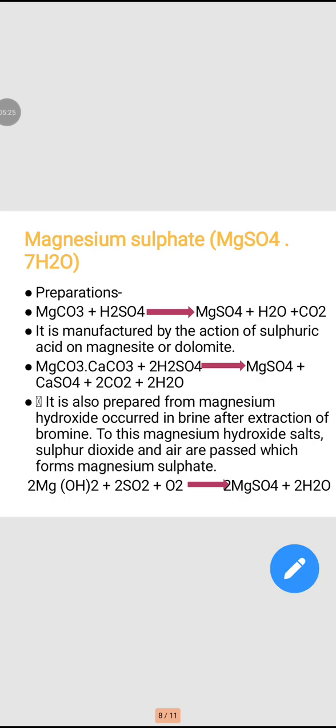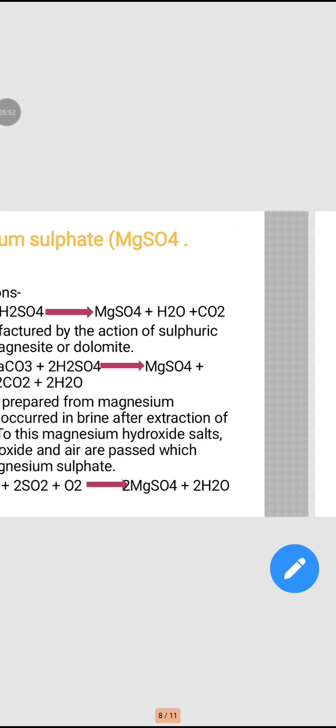Mg(OH)2 plus SO2 plus O2 gives MgSO4 plus 2H2O. These are the three methods of preparation of magnesium sulfate: magnesium carbonate with sulfuric acid; magnesite or dolomite with sulfuric acid; and magnesium hydroxide with sulfur dioxide and air.